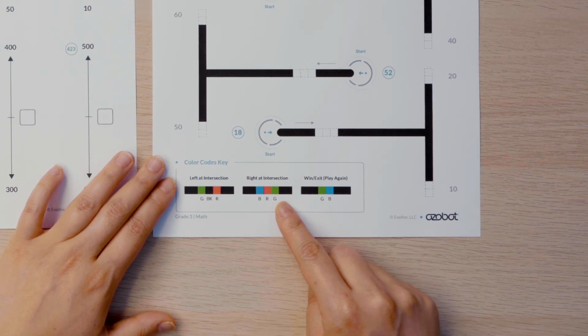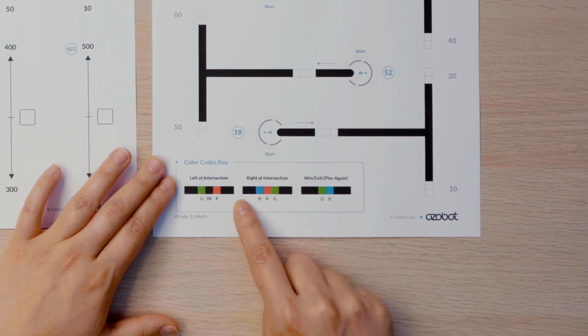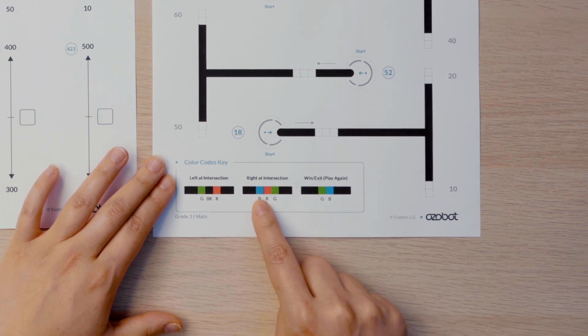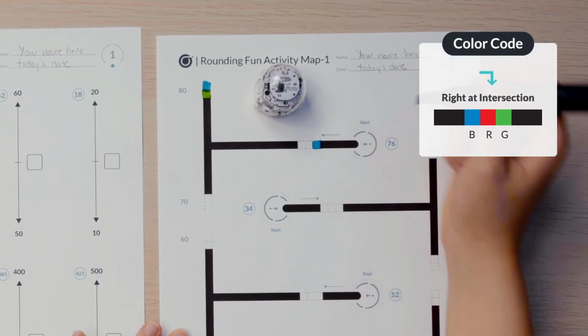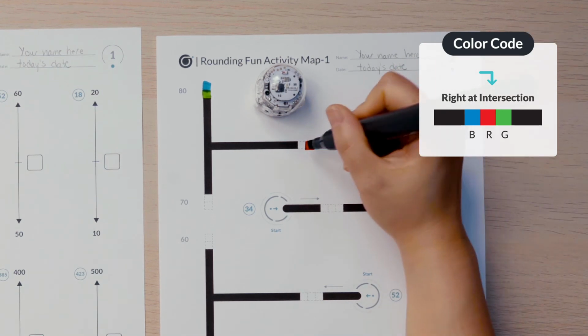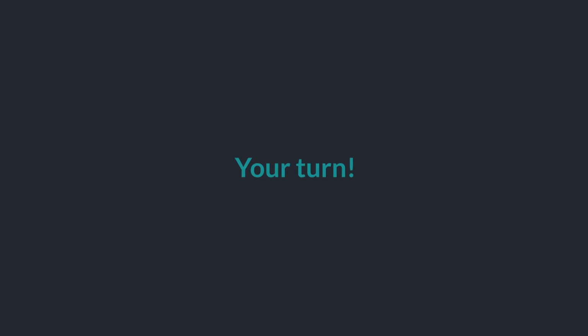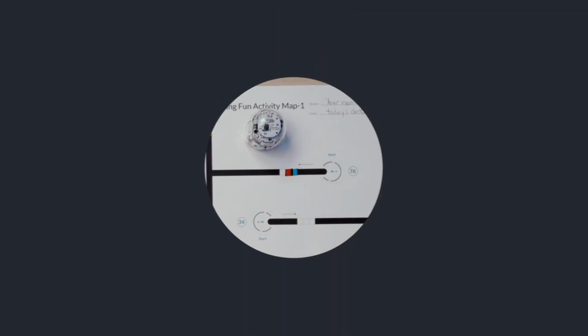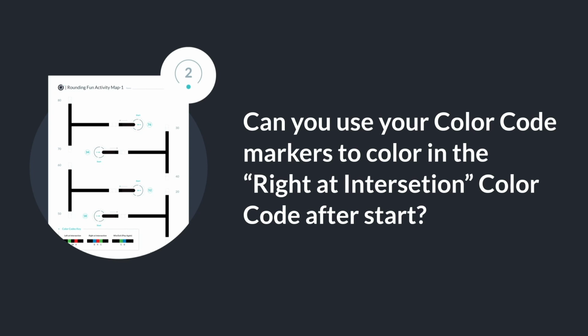Remember to always read a color code in the key from left to right. The color on the left will always be the first color you use. I'm going to follow the color sequence to color the boxes beginning with the box closest to start. Can you use your color code markers to color in the right at intersection color code after start?